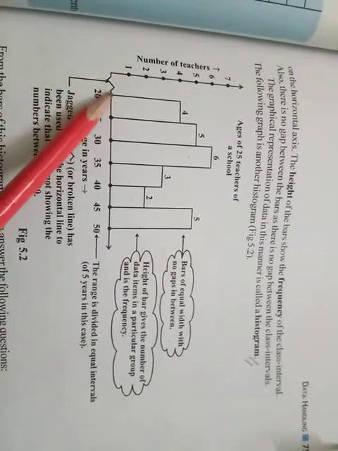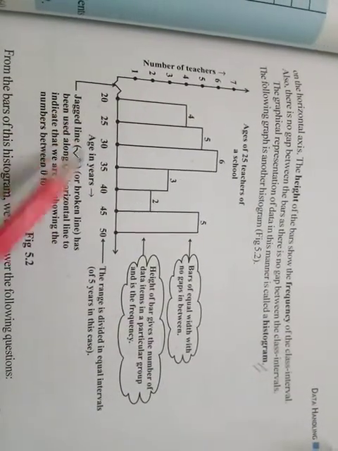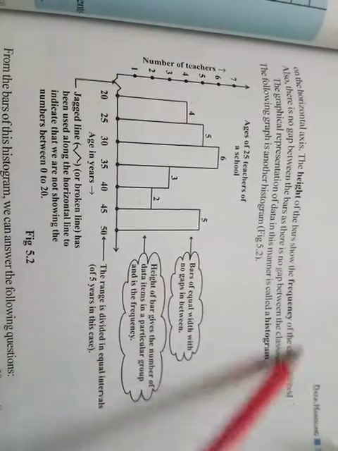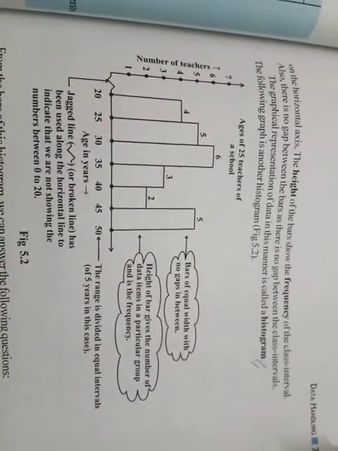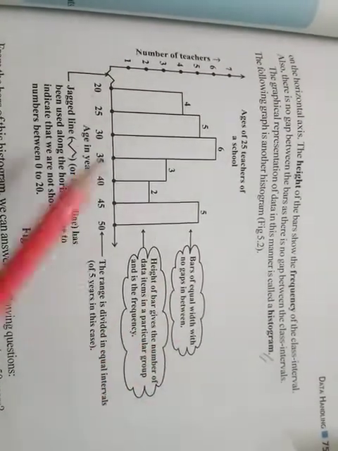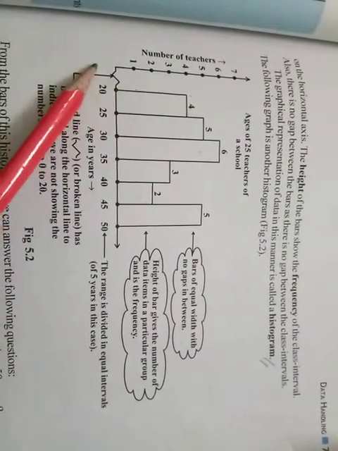That's why this line should be there, as you are starting directly from 20. See what is written here: a jagged line or broken line has been used along the horizontal axis to indicate that we are not showing the numbers between 0 and 20. So there is such data in which your class interval cannot start from 0. In such data you have to draw such broken lines to mention that. So this is all about your histogram.